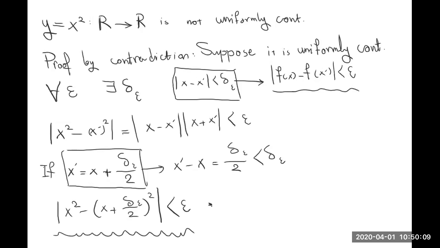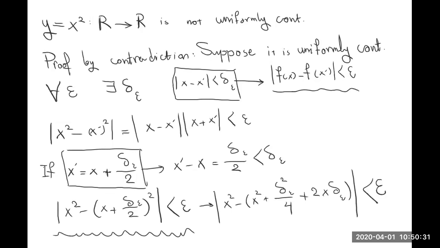Okay. So let's expand this thing. It's x squared minus x squared plus delta squared over 4 plus 2x delta. This should be less than epsilon. And if we consider this negative sign, these two would cancel.